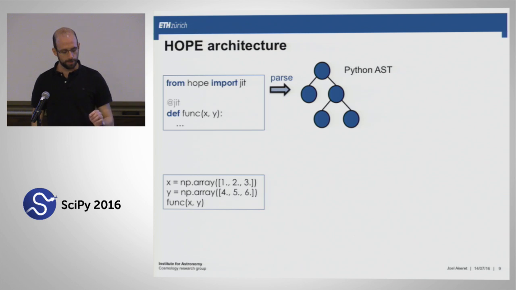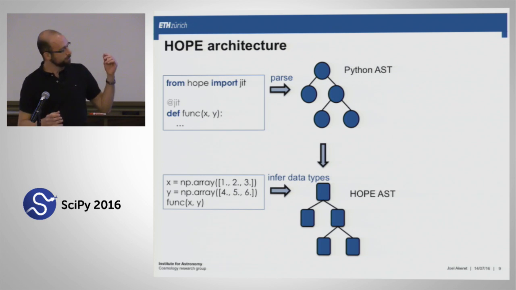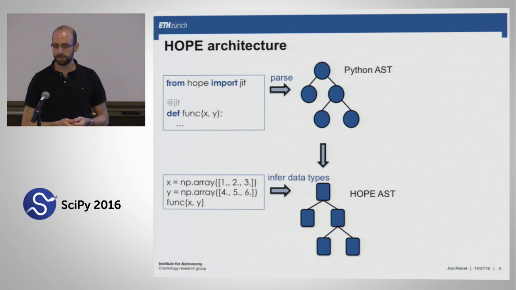Up to now, Python is a dynamic language. Up to now, the data types were not set. It's a dynamically typed language. But now that we call it, we get information about what the types of all the operations are going to be. So we infer the data types. We combine the input with the Python abstract syntax tree, and we get something that we call the HOPE abstract syntax tree.